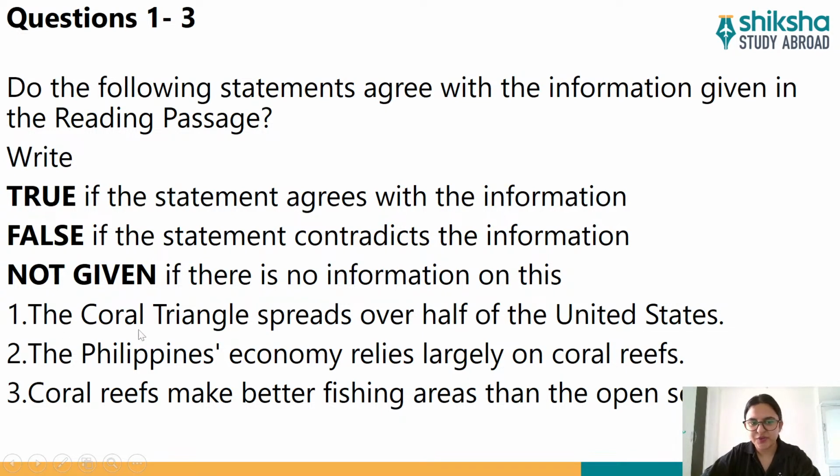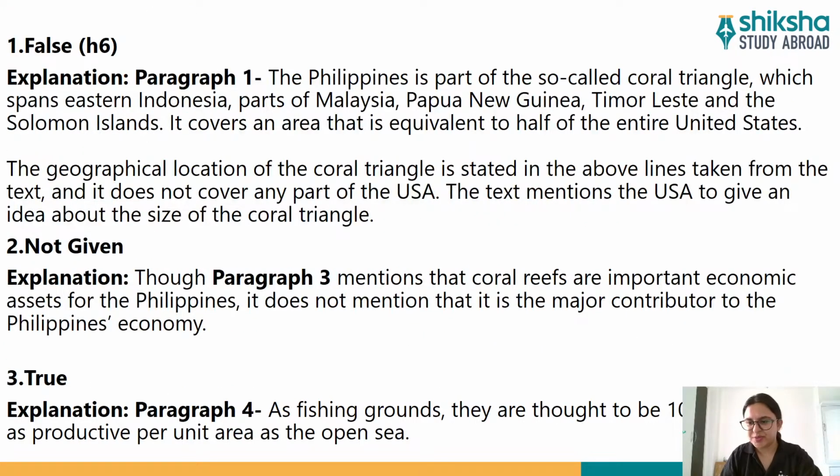So the first question is, the coral triangle spreads over half of the United States. Let's find out if this statement is true, false, or not given in the passage. The explanation to this answer has been given in paragraph 1. The answer is false. The explanation given in paragraph 1 is: the Philippines is part of the so-called coral triangle, which spans eastern Indonesia, parts of Malaysia, Papua New Guinea, Timor-Leste, and Solomon Islands.